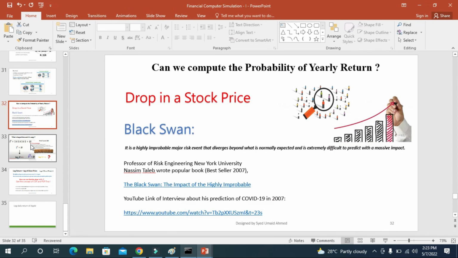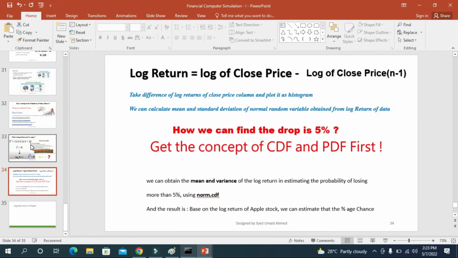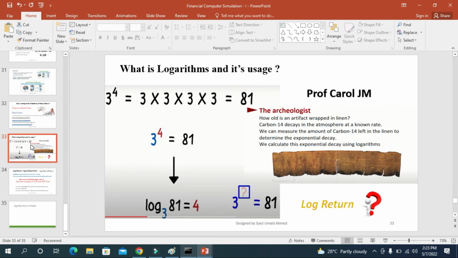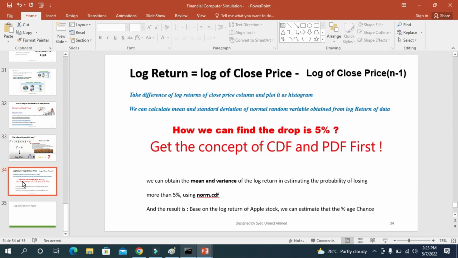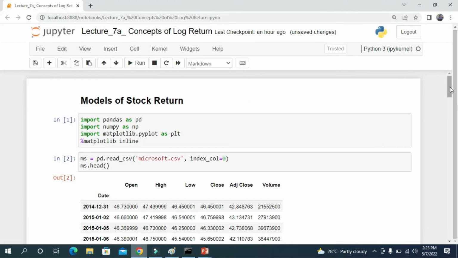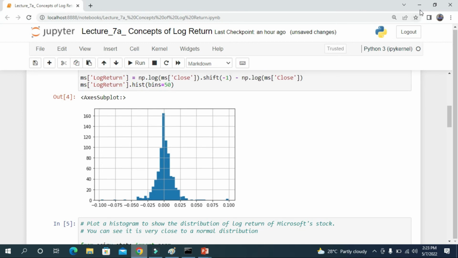So in this lecture, what we have done, first of all, the very first step, I told you what is return, and after telling you return, I told you what is logarithm, and then what is log return, and then how we can calculate log return. After calculating log return, I told you the fact that the log return, if we calculate, always looks like a normal distribution.